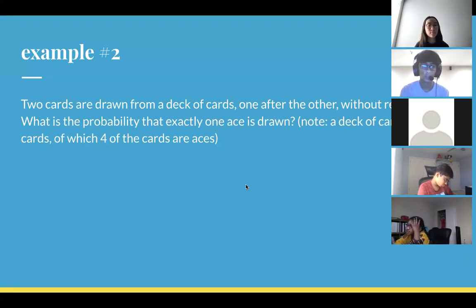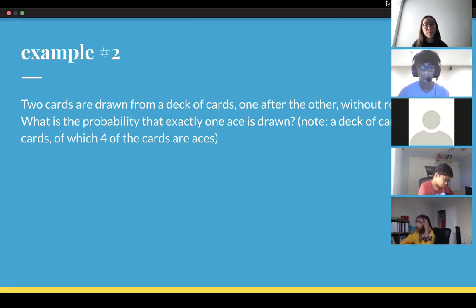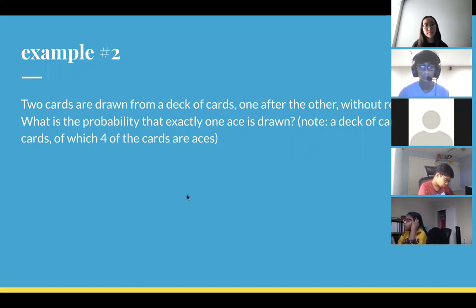Not 2 aces. Just as a hint, there are going to be 52 cards in a deck of cards, so no jokers, and then there are 4 aces.